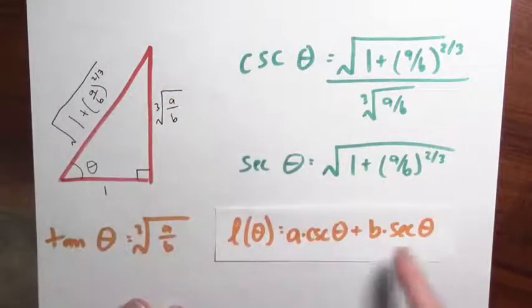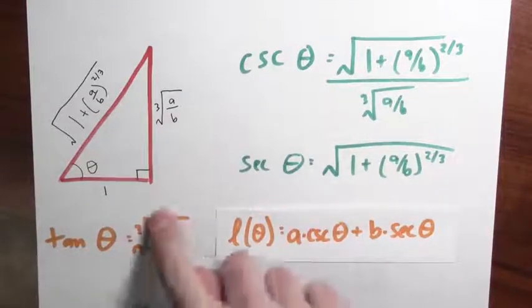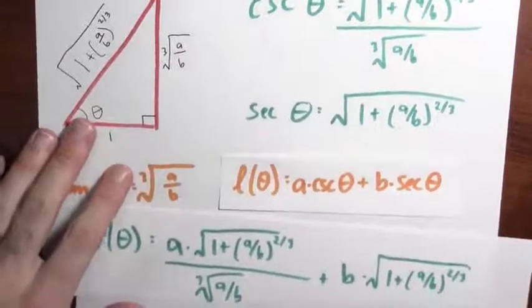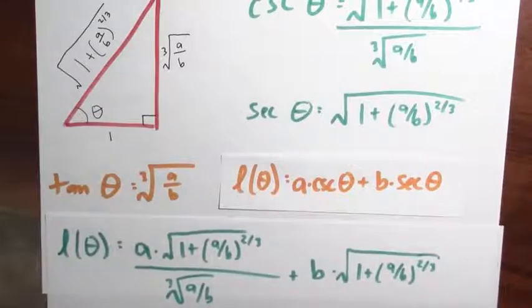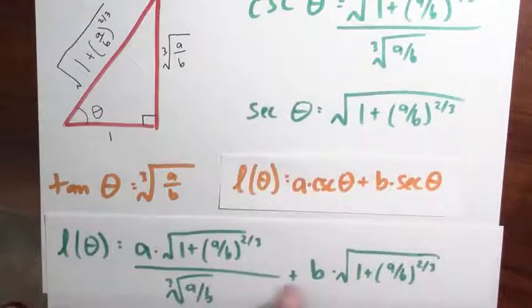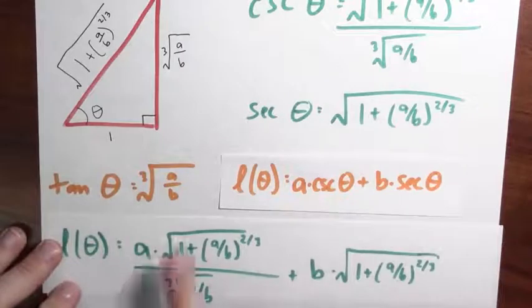Now once I know cosecant and secant in terms of this quantity here, I can then evaluate L at that quantity. So here we go. This is what I get when I plug in these quantities for cosecant and secant. Now this looks terrible, right? Well, I can simplify this a little bit. What do you notice here?